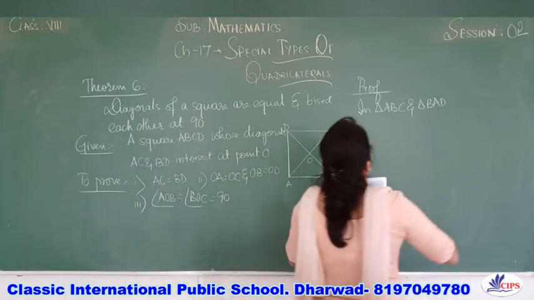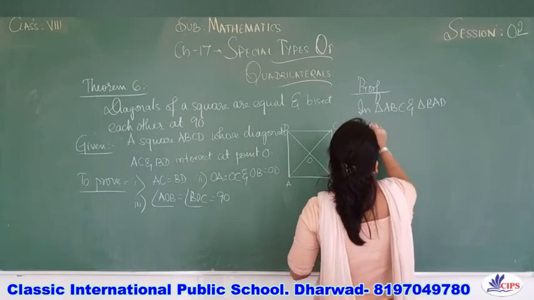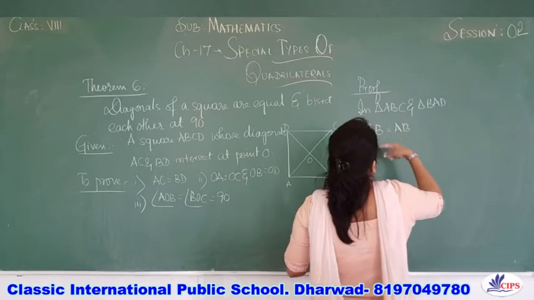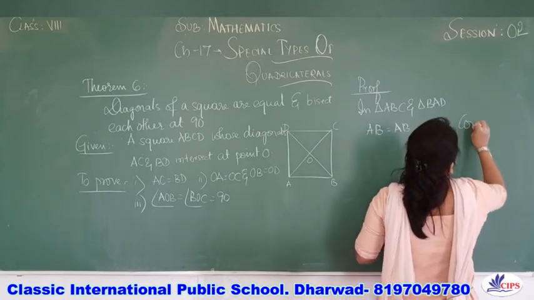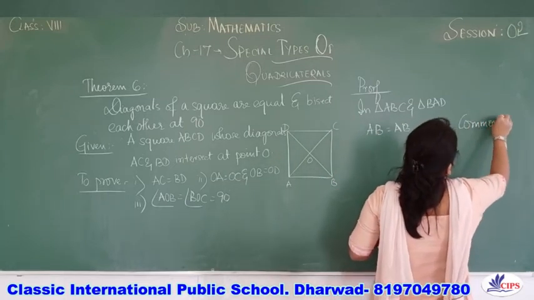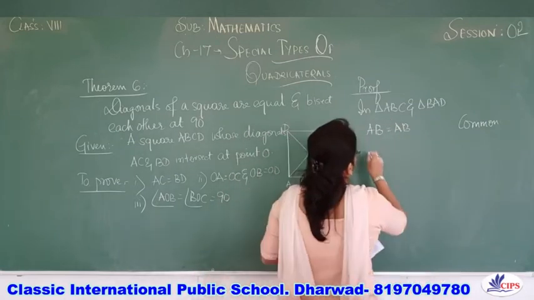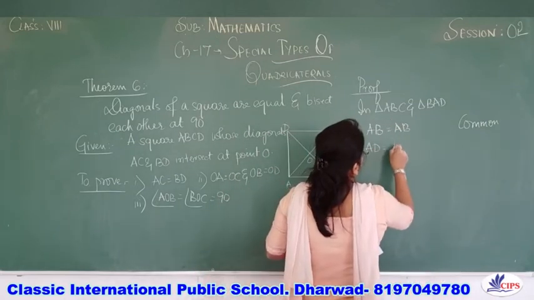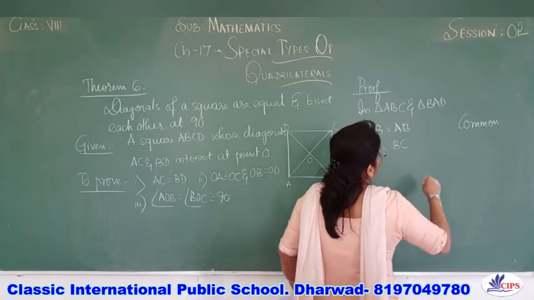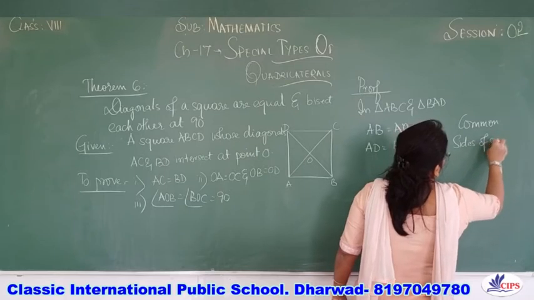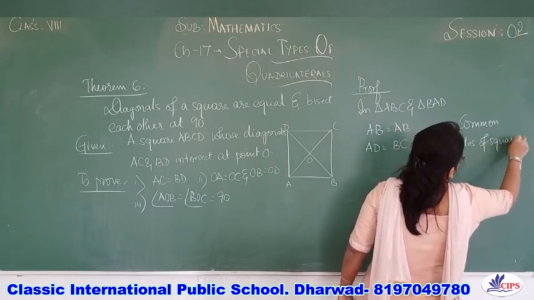So, here in triangle ABC and BAD, AB is equal to AB because both triangles are standing on the same side, so it is common to both. Next, AD is equal to BC. These are sides of a square. Sides of a square are equal.